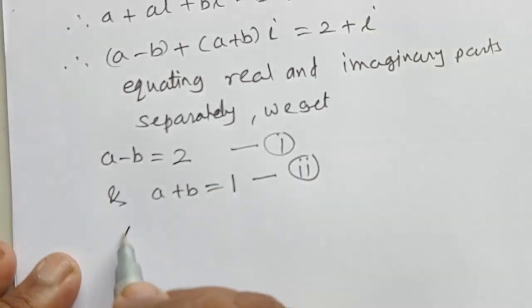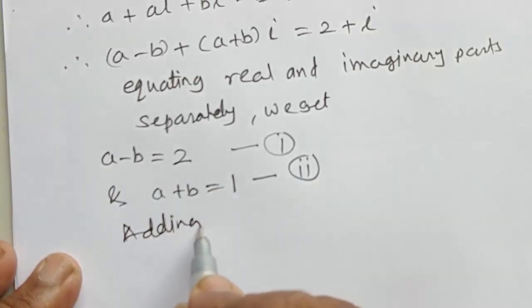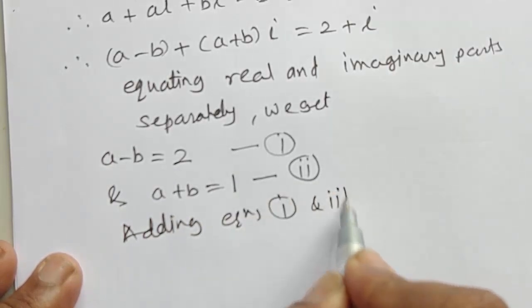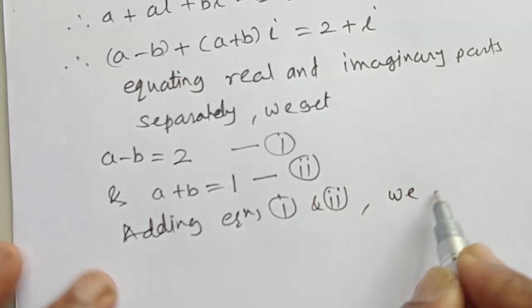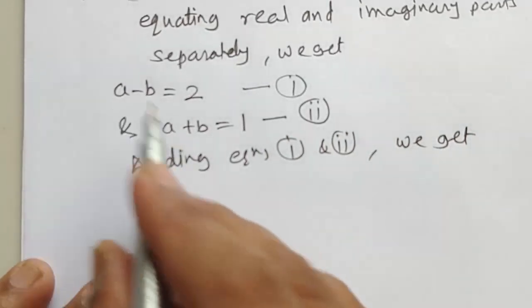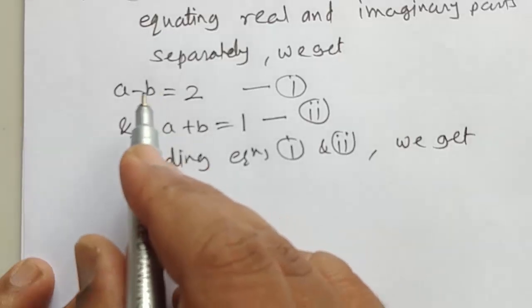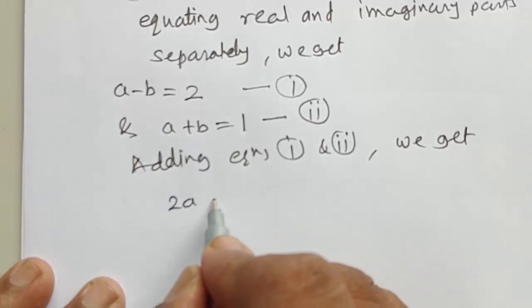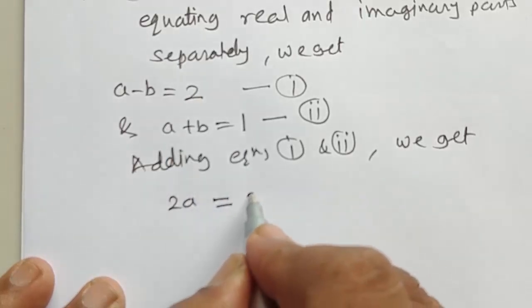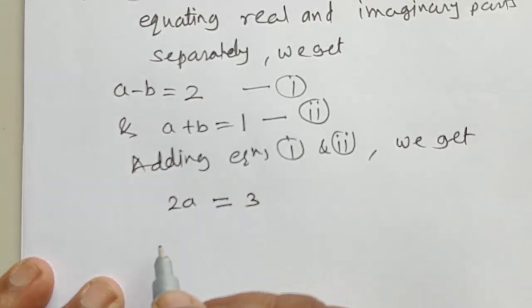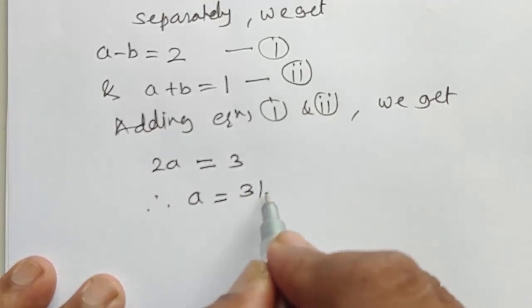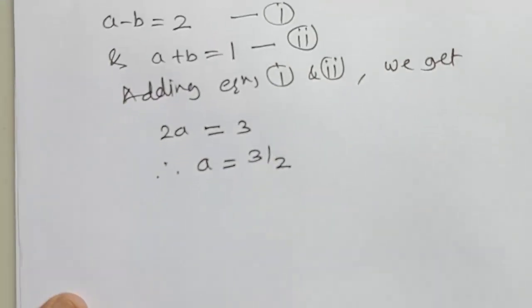So, adding equations 1 and 2, we get a plus a, twice a, minus b plus b get cancelled, so it becomes 0, and 2 plus 1, that is 3. Therefore, dividing by 2, we get a is equal to 3 by 2.